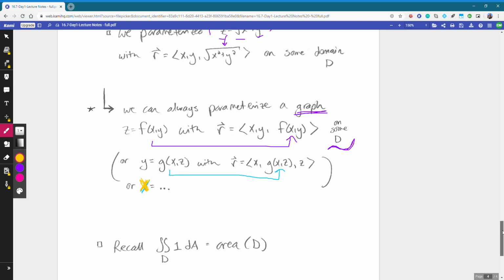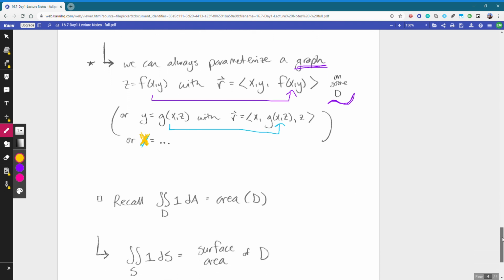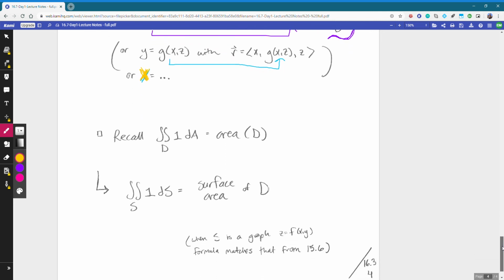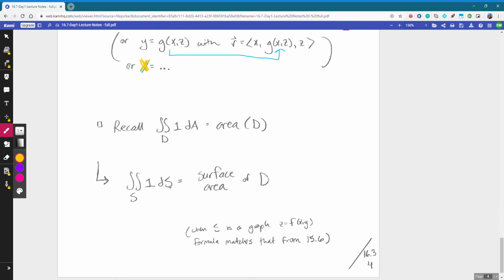Well, what we have here is a more general formula, thinking about a general surface integral. If we take that surface and puff it up by 1, geometrically, we're still going to be computing the area of that surface. And again, this is a typo, I'll fix that on your notes. The surface area of our surface.